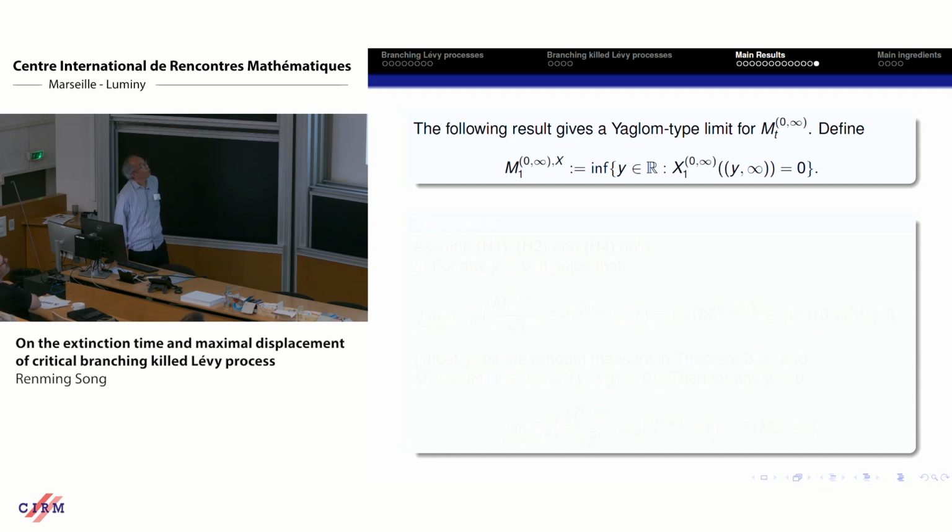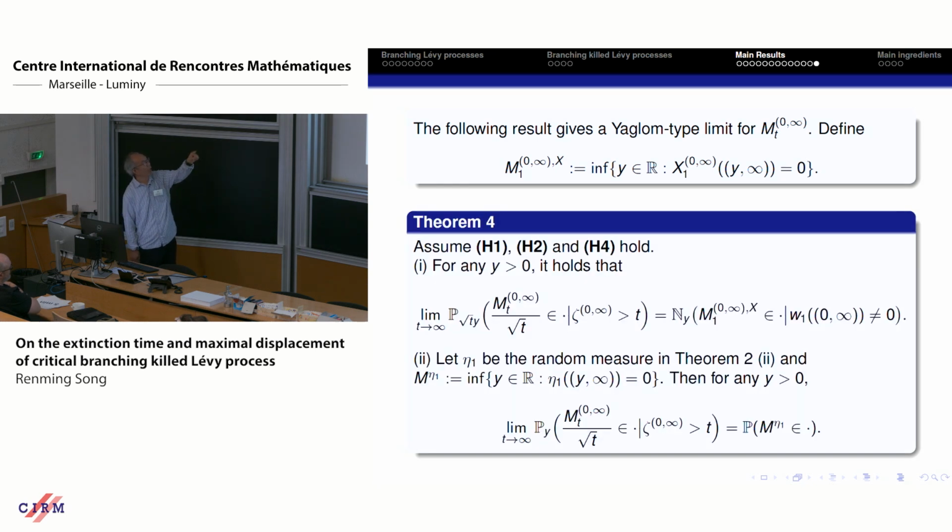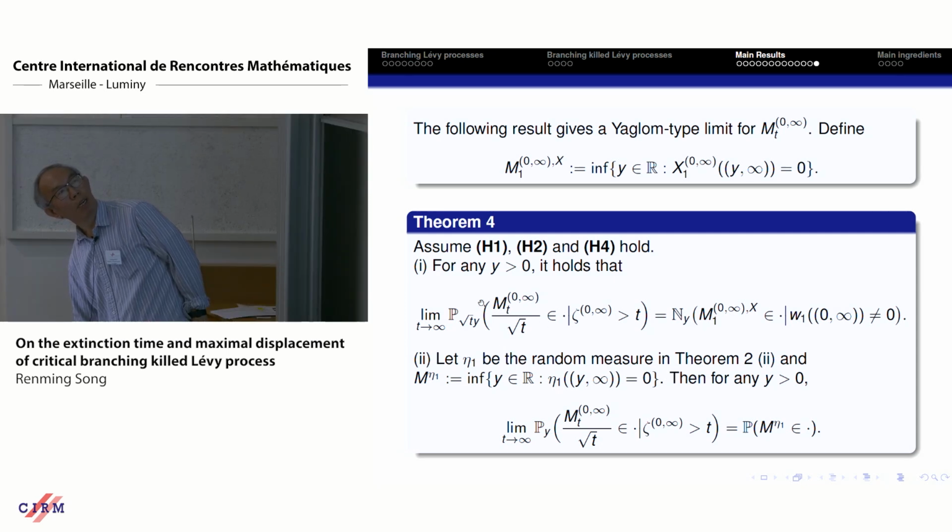The following result gives a Yaglom-type limit for the all-time maximum position. So define such a quantity there. Then under H1, H2, H4, this is the scaling limit of the maximal position at time t.